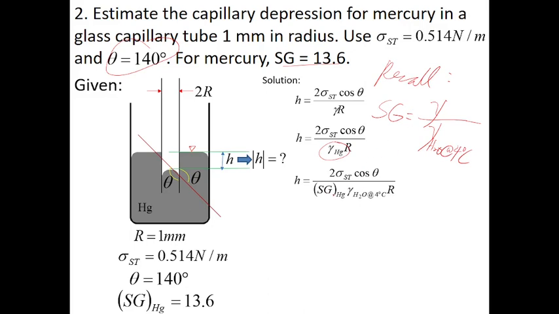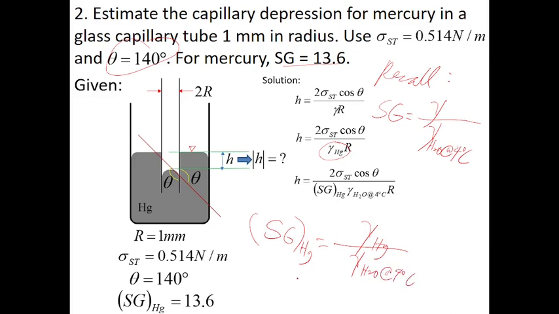So we have, therefore, if this is mercury, the unit weight of mercury over the unit weight of water at 4 degrees Celsius.